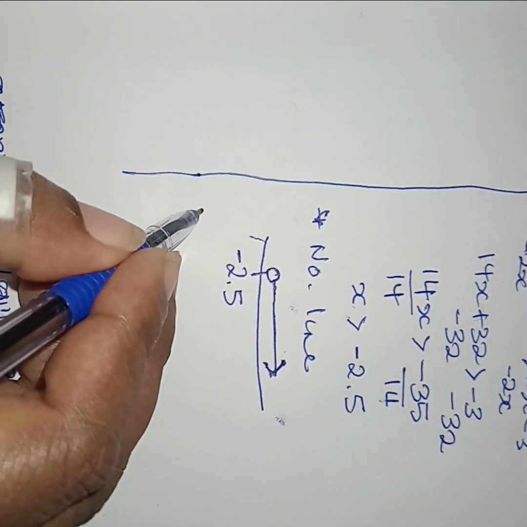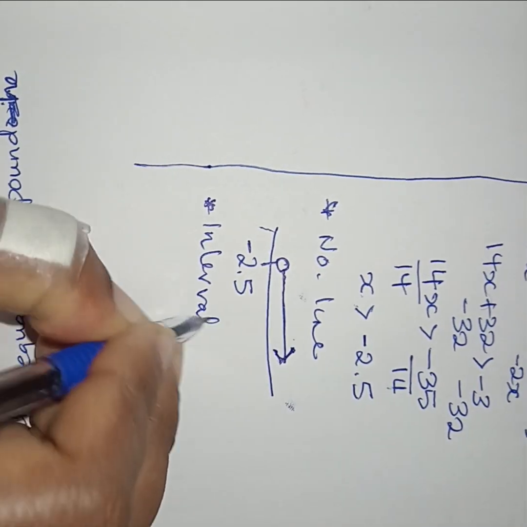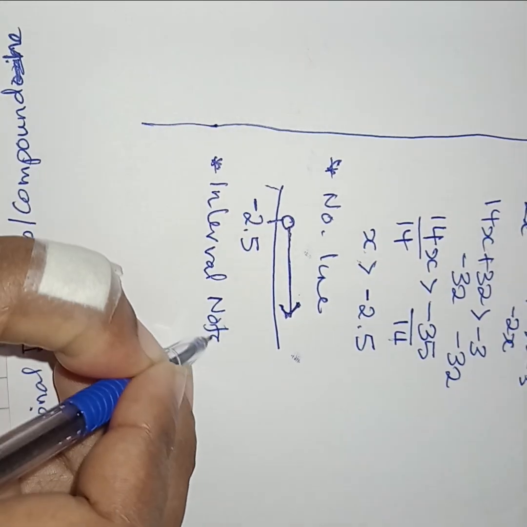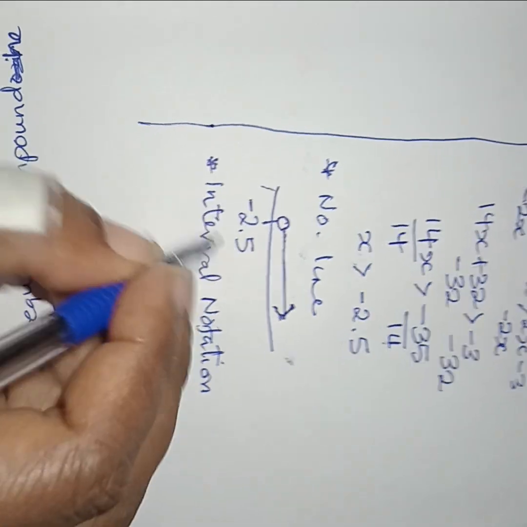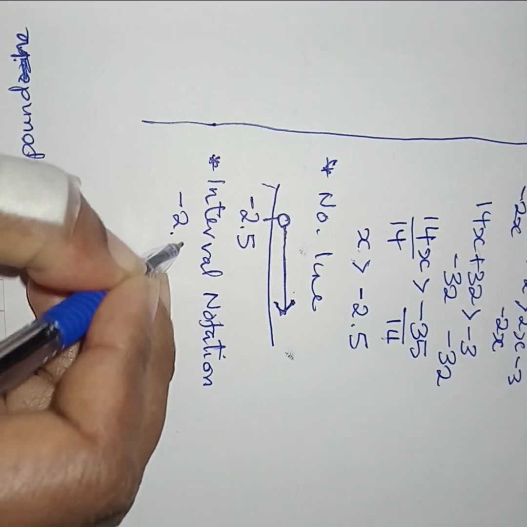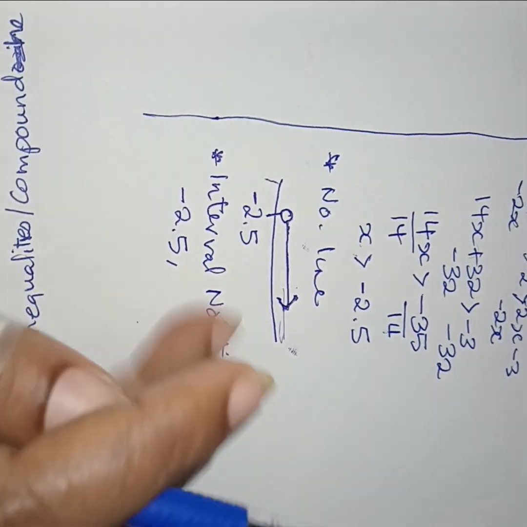Okay, so let's put this in the interval notation. Where we have our lowest x value, negative 2.5. The highest x value is unknown.